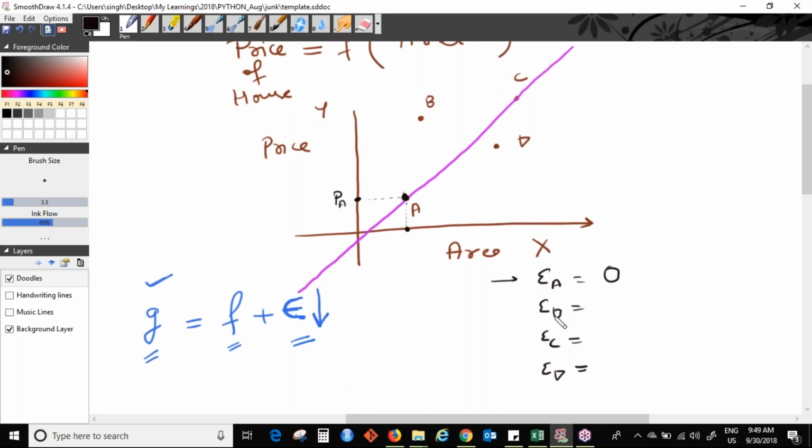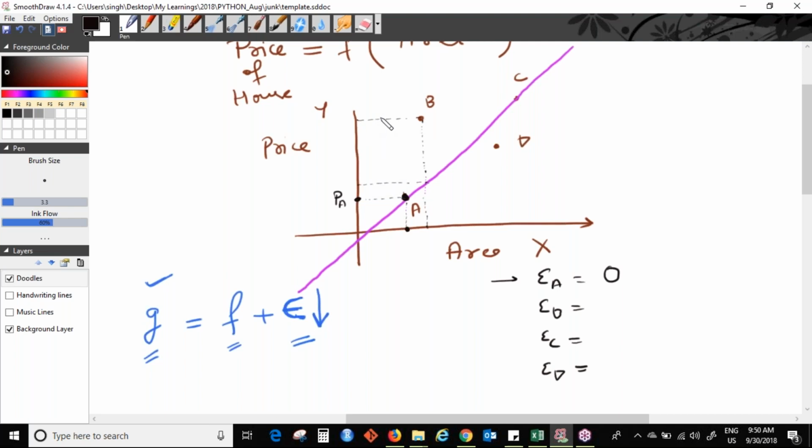Now let's go to point B. What will you predict for point B? What will the line tell you? Will it tell this or will it tell this?